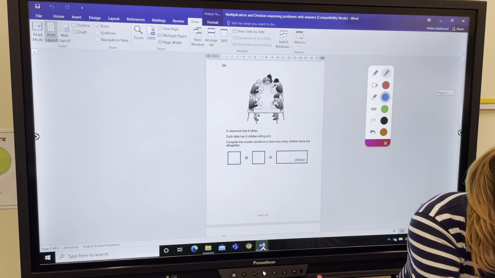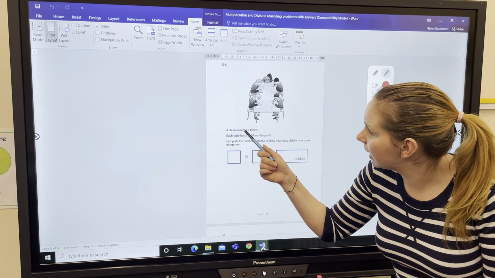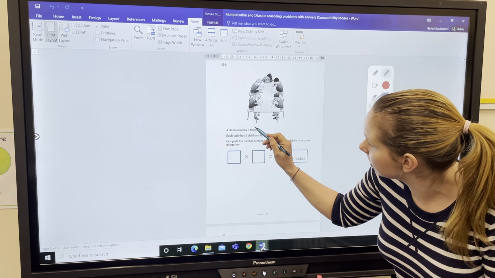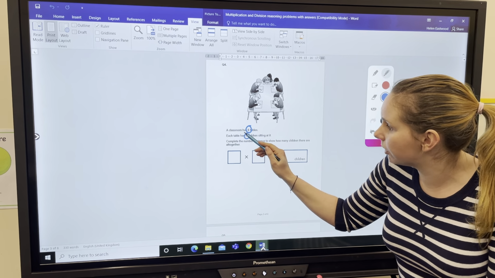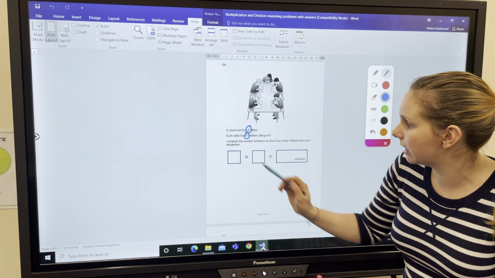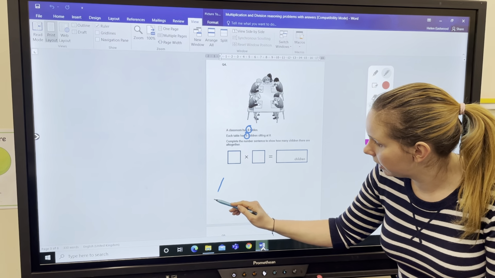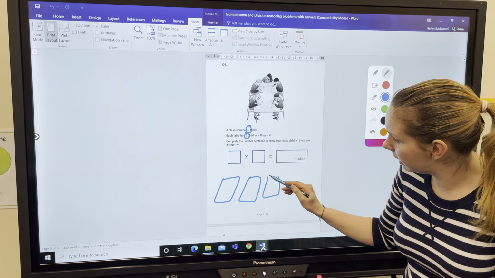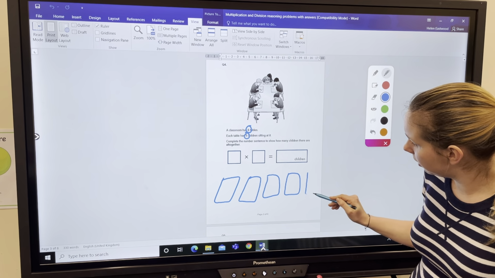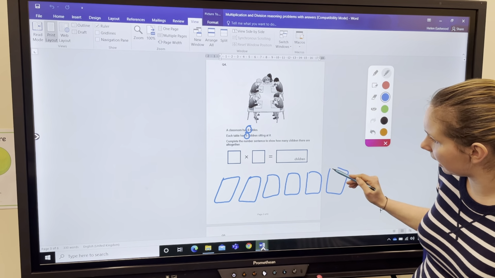Let's have a look. Question 4. A classroom has 6 tables. So I'm going to circle this. Each table has 5 children sitting at it. Complete the number sentence to show how many children there are. So here is a table with 5 children. Okay, there are 6 tables. 2, 3, 4, 5, 6 tables.